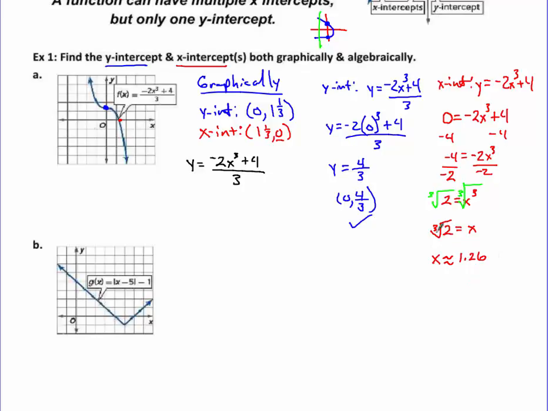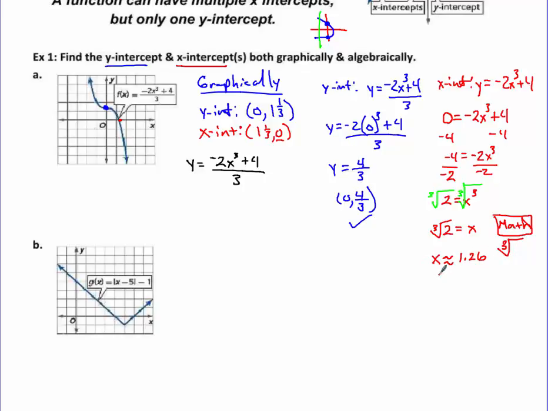And if you don't know where to find that on your calculator, you hit the math button. So to do the cube roots, you do math, and then there's the cube root button, or cube root is one of the options right after that.